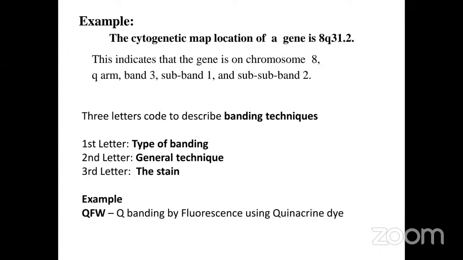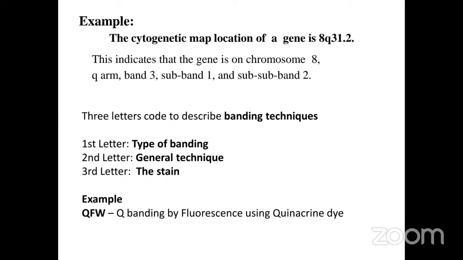Here we can see an example of how the gene is located: 8q31.2. Here 8 denotes the chromosome on which the gene is present. q means the long arm, the q arm of the chromosome. Then 3 is band number 3, then sub-band number 1, and sub-band number 2.